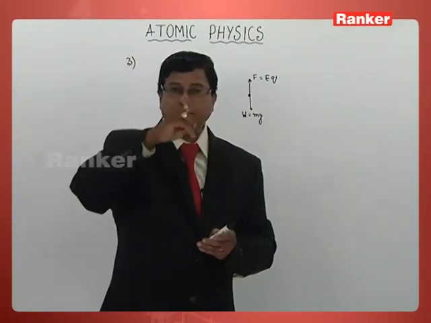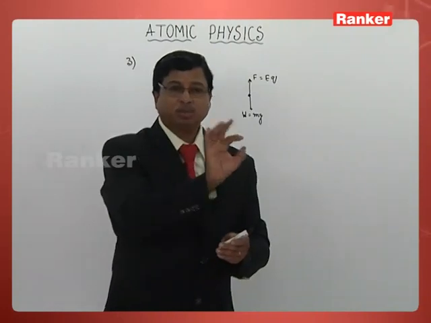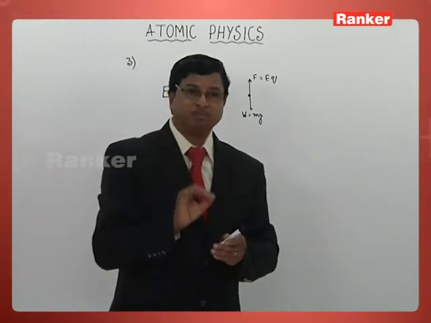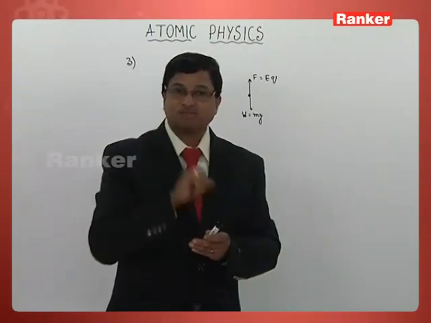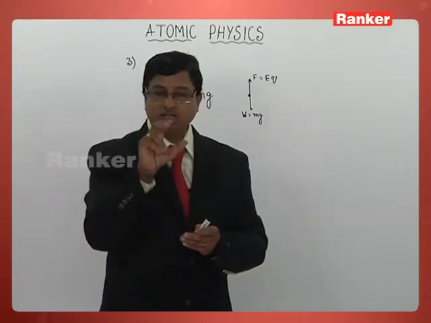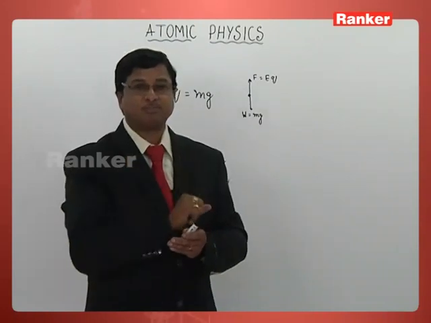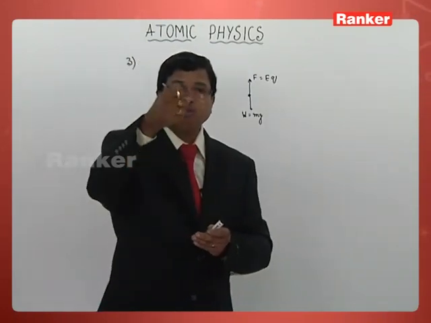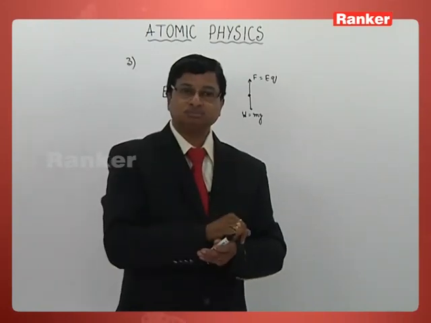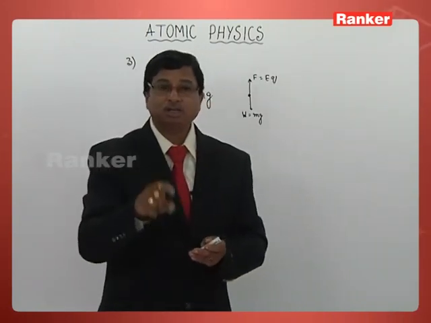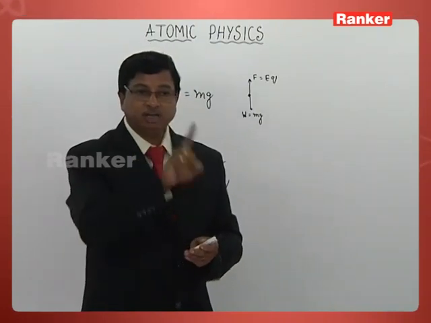Since both are equal, the particle is at rest there. Fine. The moment you interchange the terminals of these two plates, or change the polarity of the plates, then the force due to the electric field also will act downward now, in addition to its own weight.